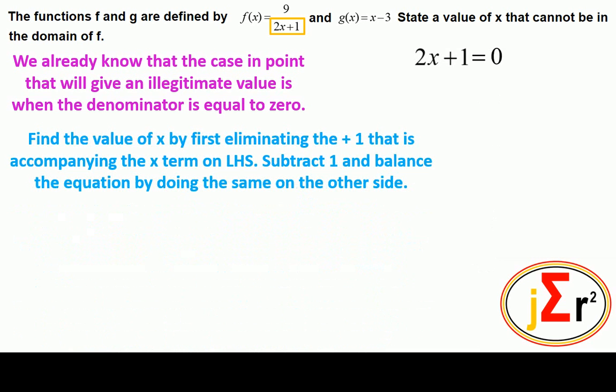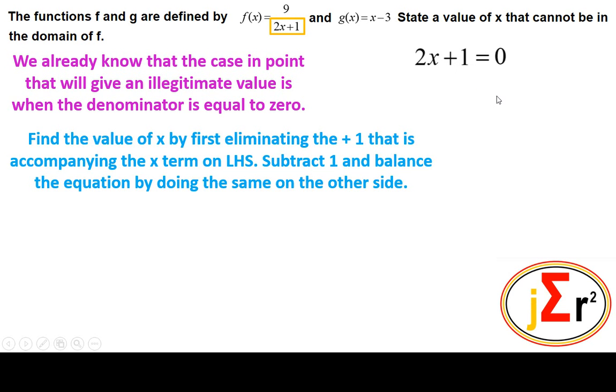Find the value of x by first eliminating the +1 that we have there, and that positive 1 is accompanying the term that contains x. We will eliminate this positive 1 by doing the opposite of +1, which is -1.